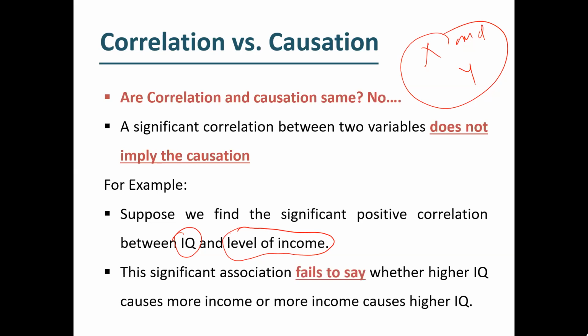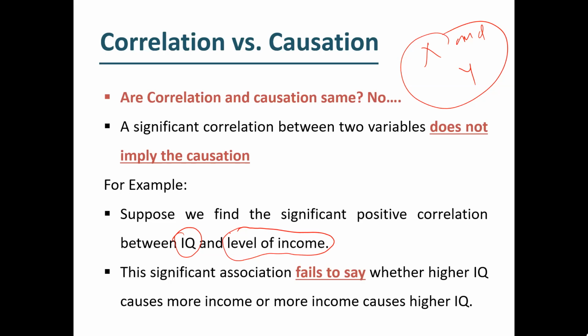Now, this significant association fails to say whether higher IQ causes more income or more income causes higher IQ. We are just saying that these two are associated with each other. And with the help of correlation analysis, we cannot establish the cause and effect relationship between IQ and level of income.